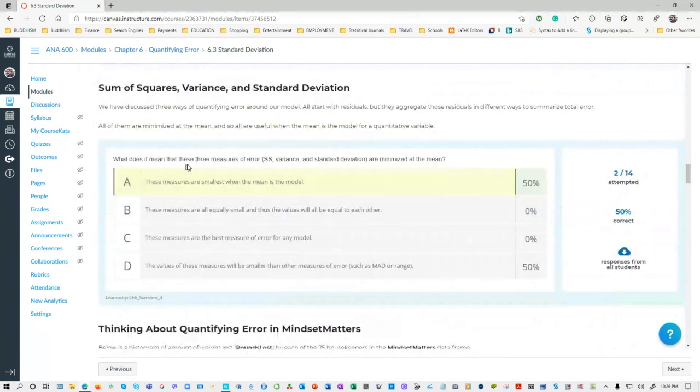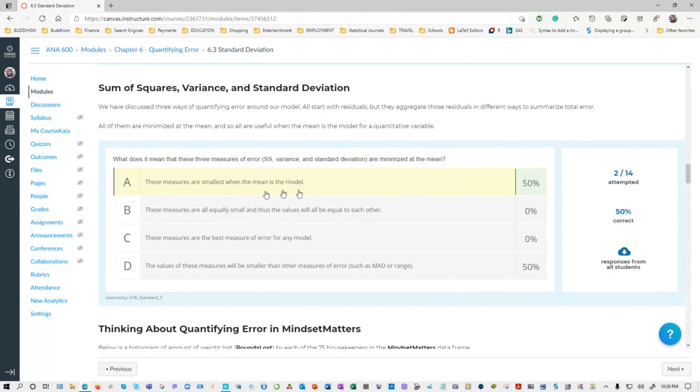The three measures are sum of squared residual or SSR, variance or S squared, and standard deviation or S. They are minimized at the mean; these measures are smallest when the mean is the model.